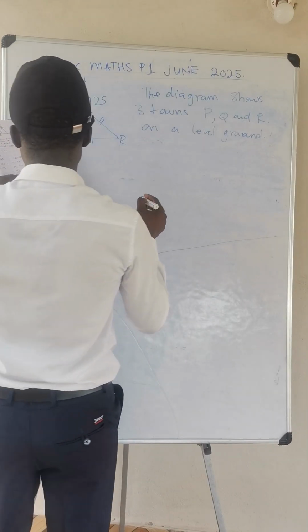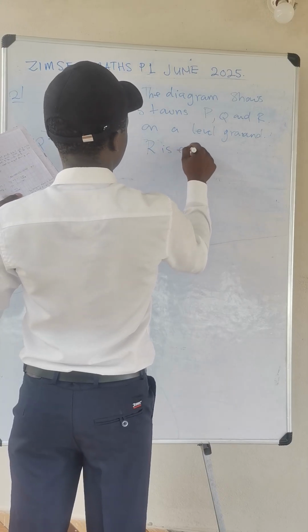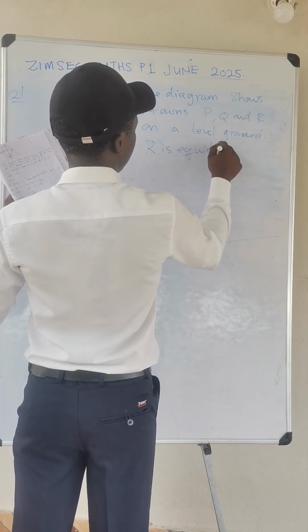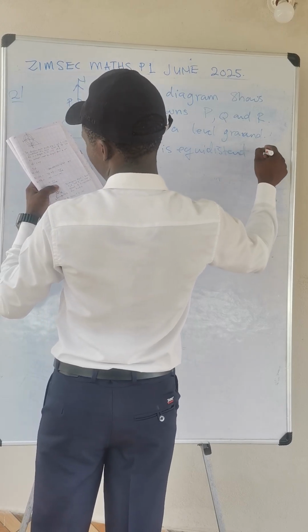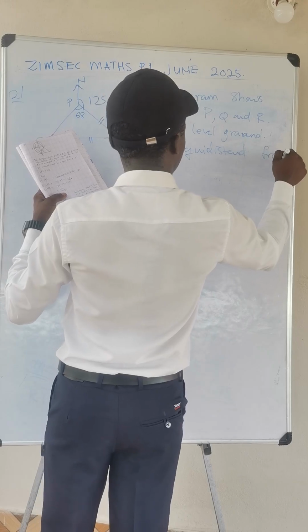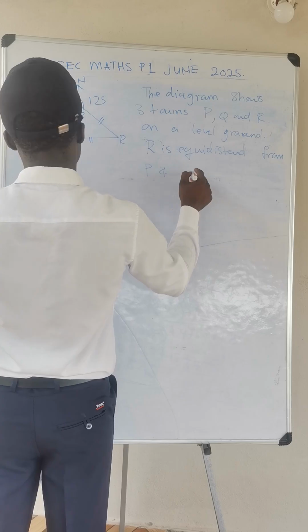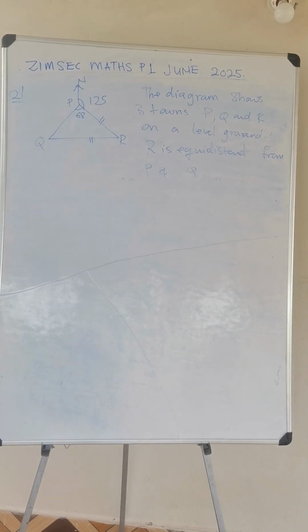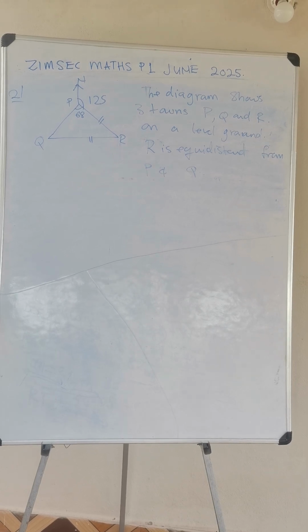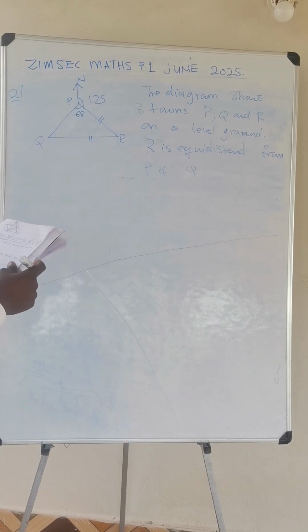Then R is equidistant from P and Q. It means it is the same distance from P and Q.